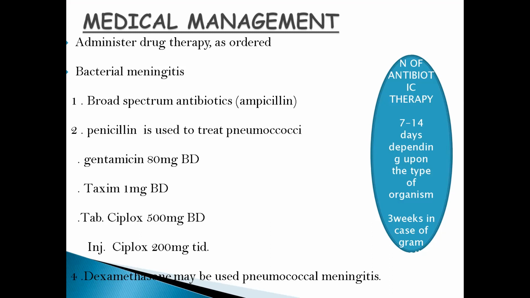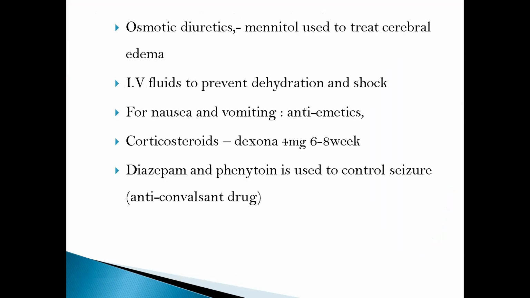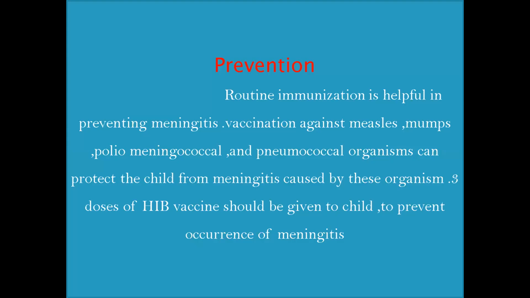Antibiotic therapy is 7 to 14 days depending on the type of organisms, and 3 weeks depending on the Gram stain. Dexamethasone and corticosteroids may also be given to treat this, and IV fluid to prevent dehydration and shock. For nausea and vomiting, antiemetics they will provide, and diazepam and phenytoin are used to control the seizure cases.